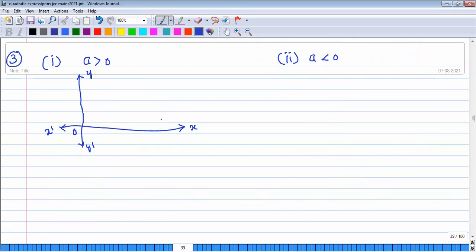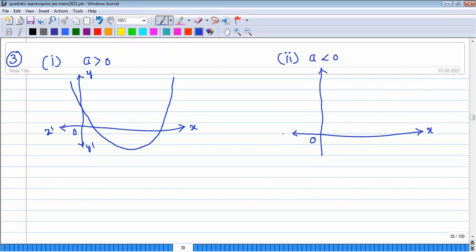So the graph may be like this. Origin, x-axis, x dash, y and y dash. The graph may be like this.